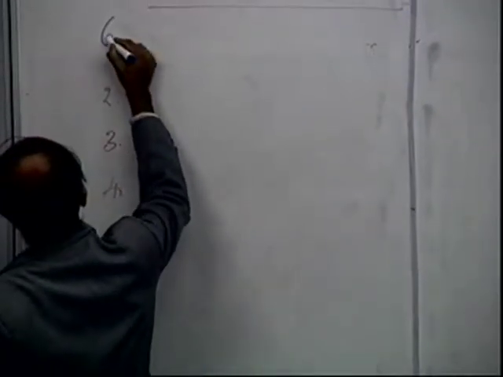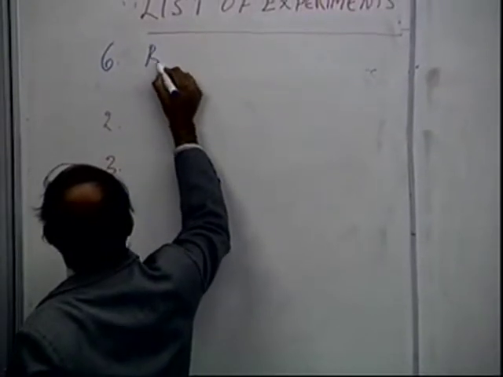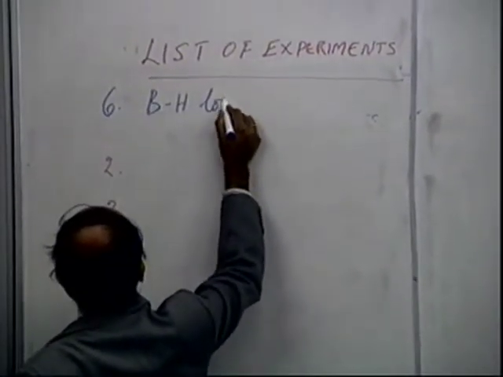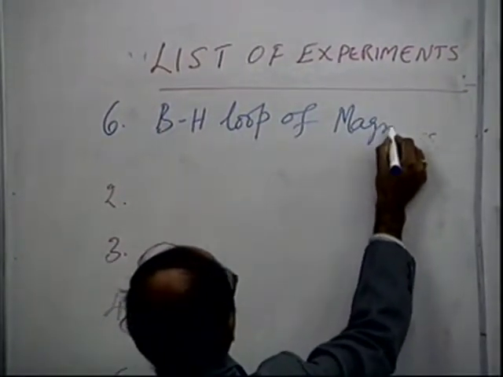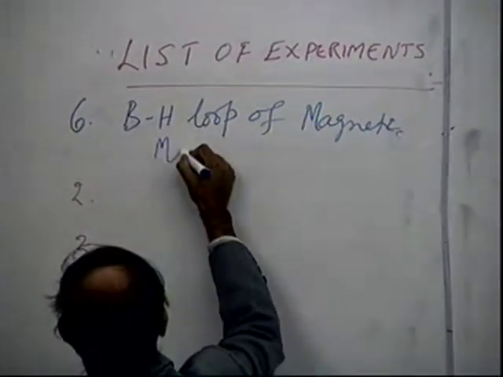Then you have one experiment on the BH loop of magnetic material.